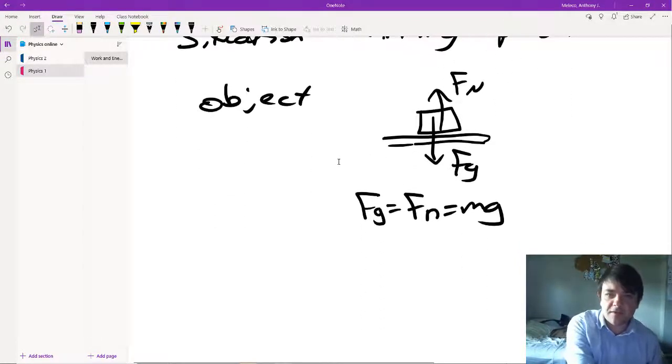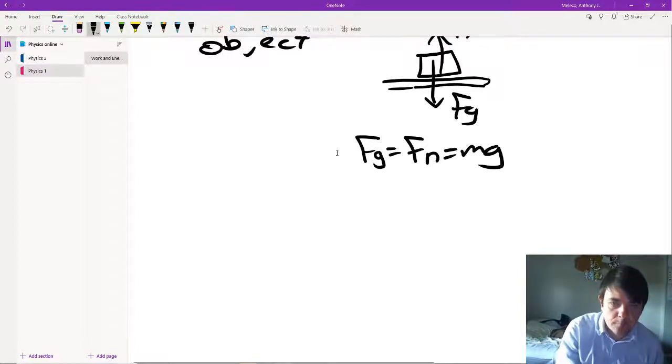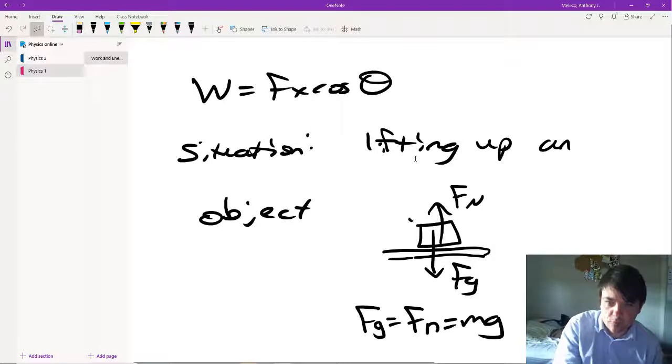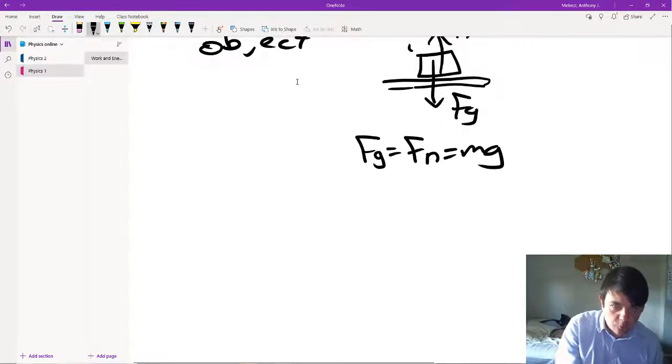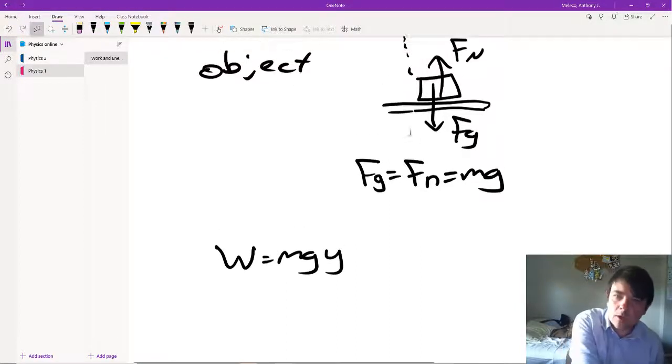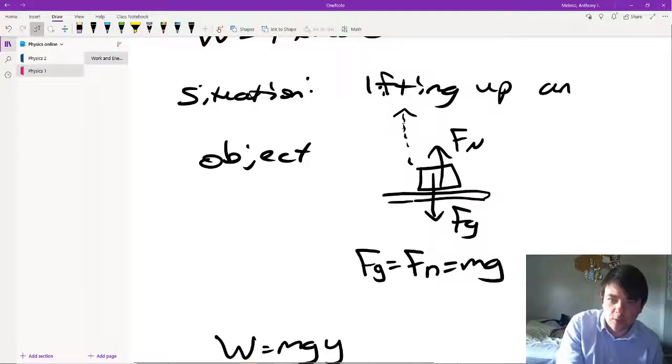So if you're lifting it and it's moving in this direction, the work equation would look like mg for the force, as we saw right here. The displacement, let's just call y, just because we're moving in the y direction now.